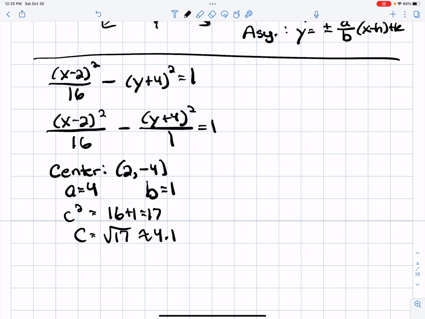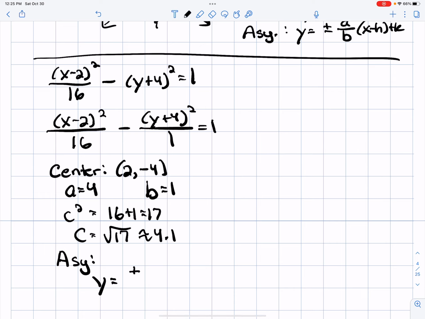Okay. And then my asymptotes are going to be at y equals, since the x came first, this one opens left and opens right.